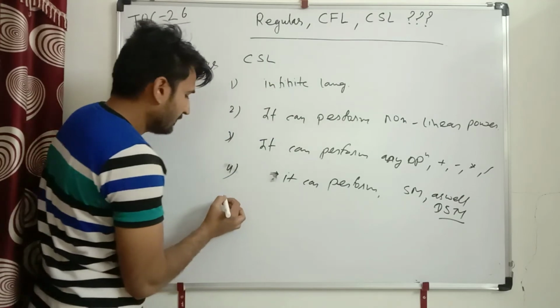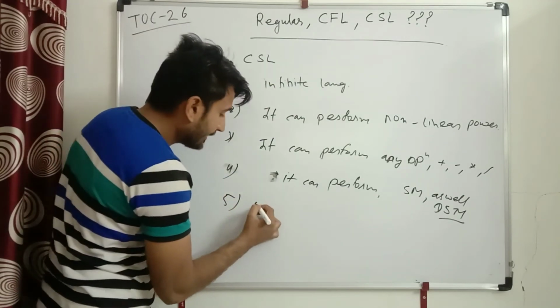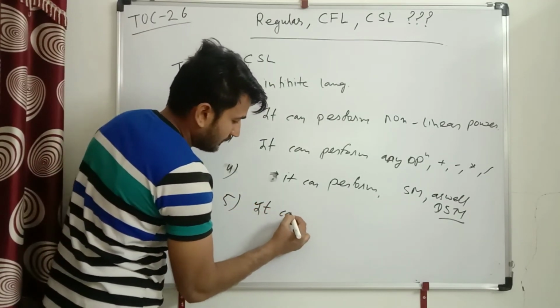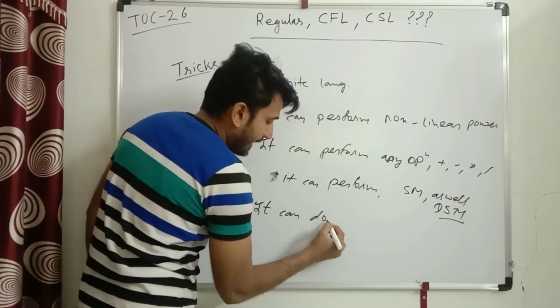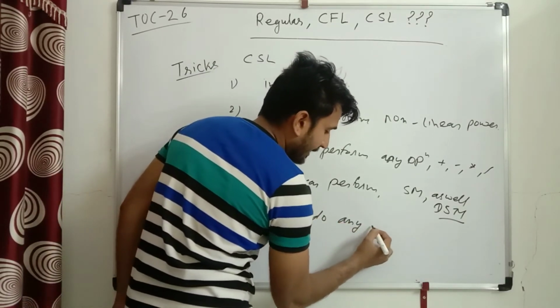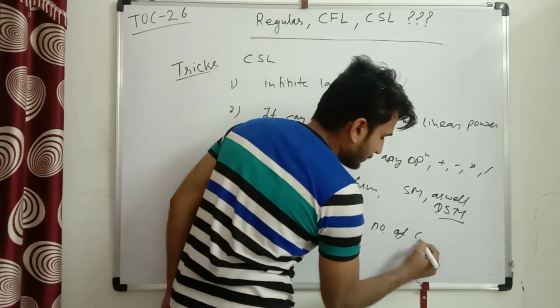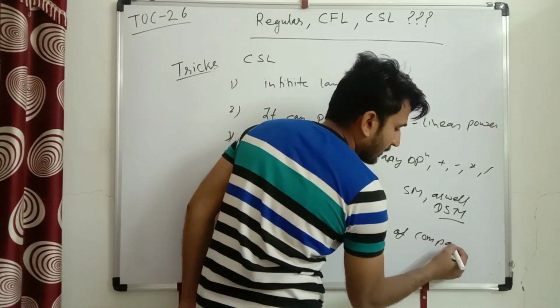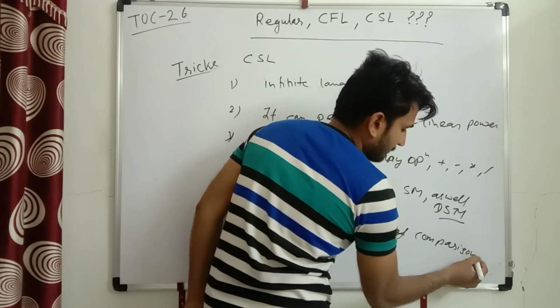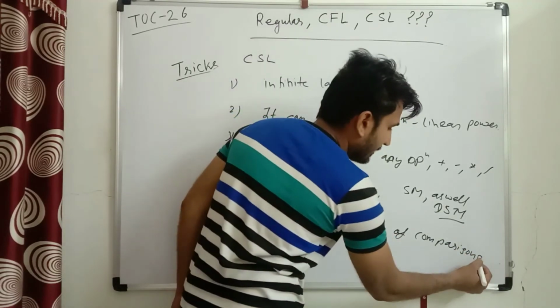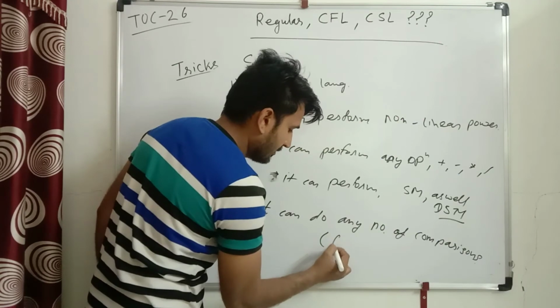Okay. Now, fifth point, it can do any number of comparisons, but finite.